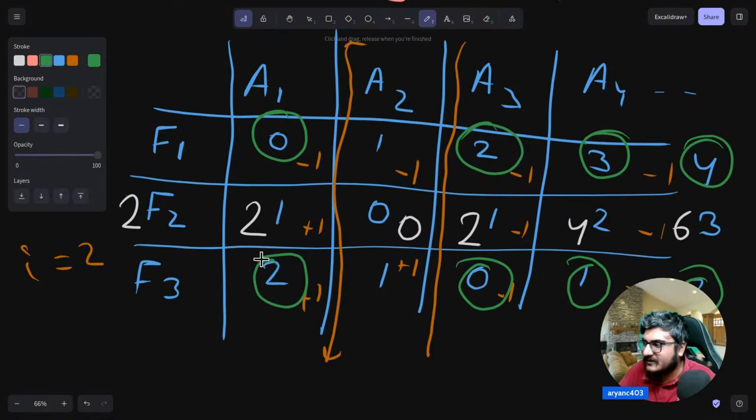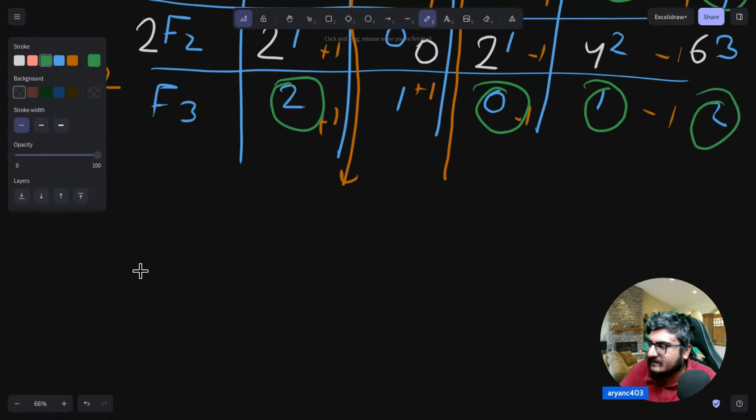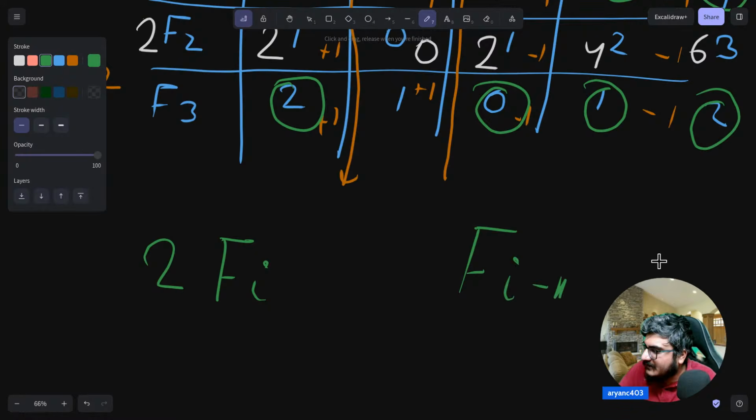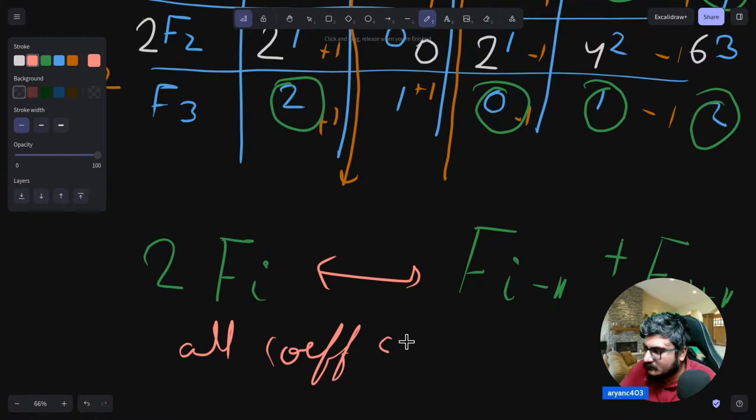Essentially, the idea becomes, if you look at 2 times Fi and Fi minus 1 plus Fi plus 1, all coefficients here are the same, same except for Ai. Did anyone realize why this is the case here? Because the moment you realize this, our problem will become a bit easier.